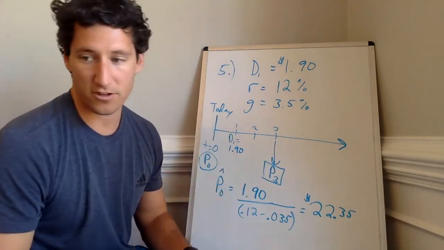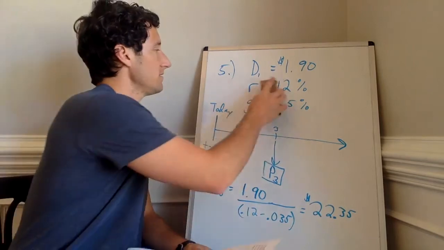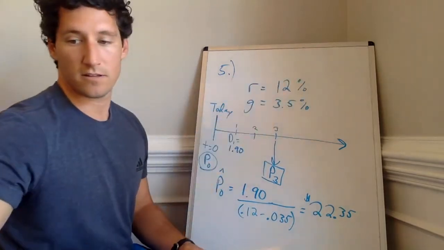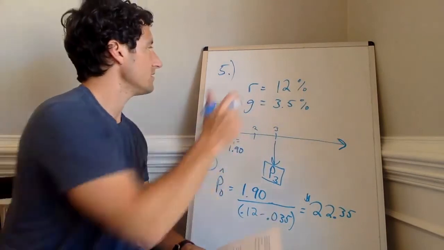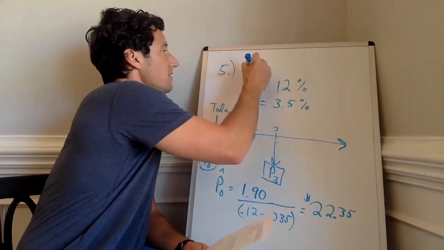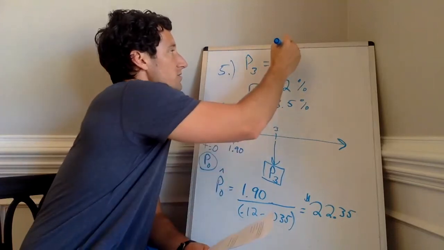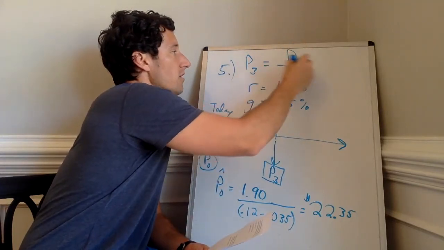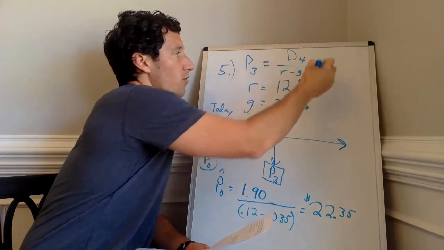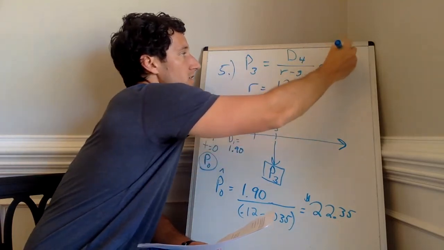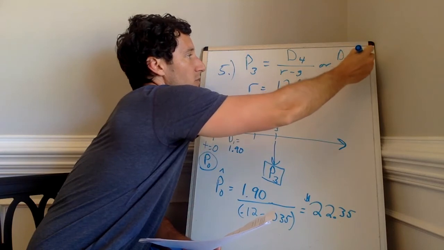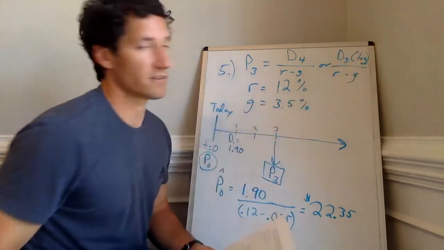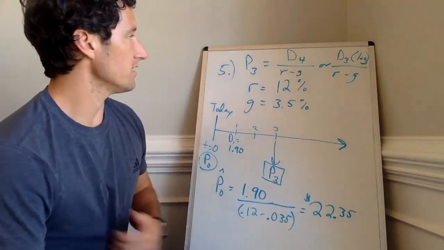We could either use D4 over R minus G, or D3 times 1 plus growth over R minus G. These are the same thing.